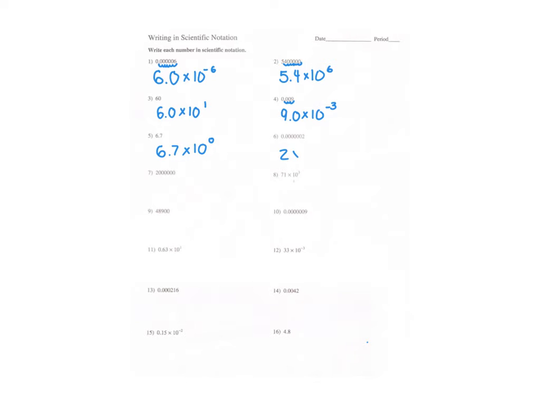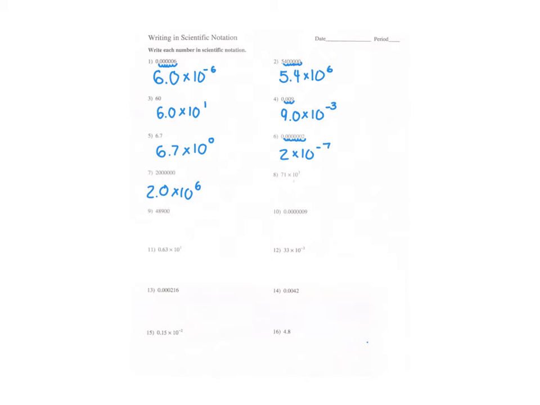Number 6 is 2 times 10 to the 1, 2, 3, 4, 5, 6, 7. Again, the number is less than 1, so our exponent is negative. The next one is 2 or 2.0, either way, times 10 to the positive 6th.